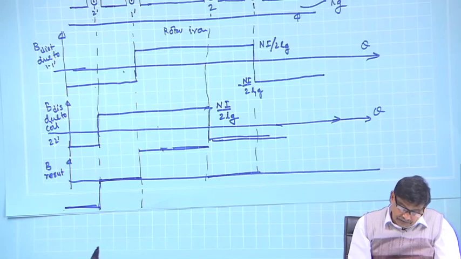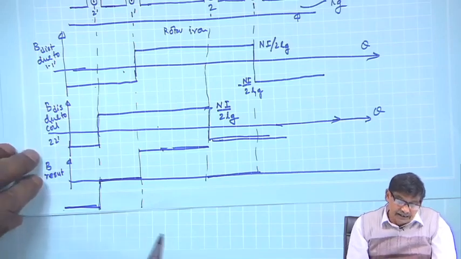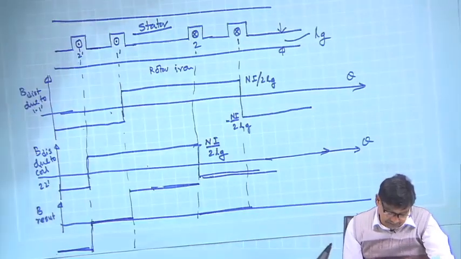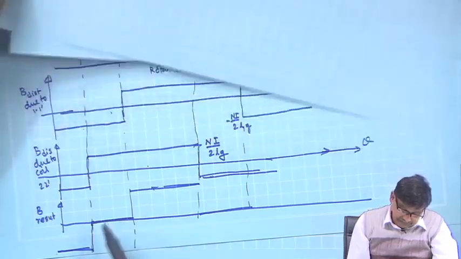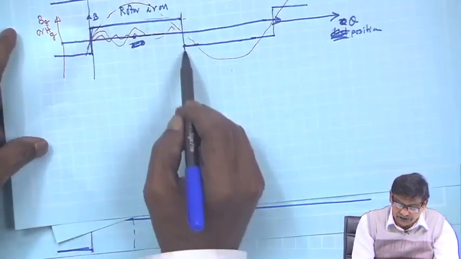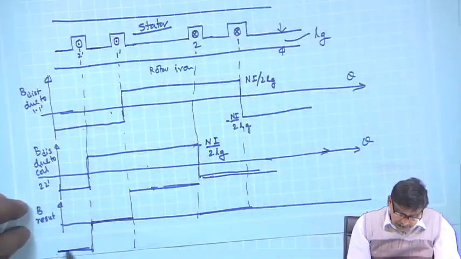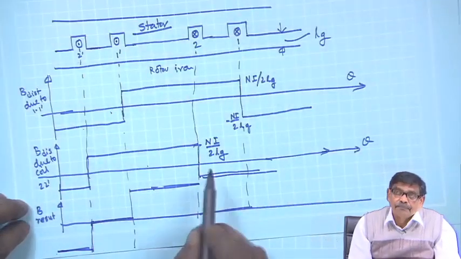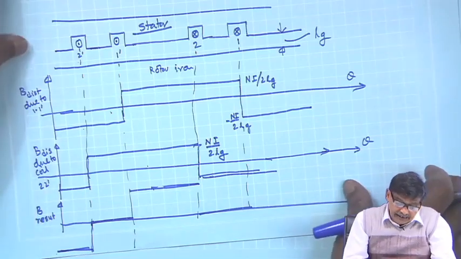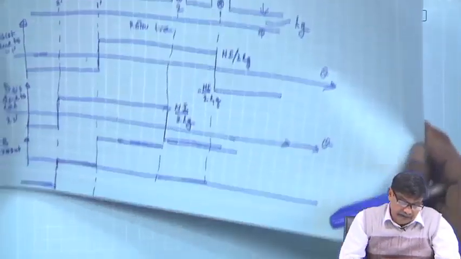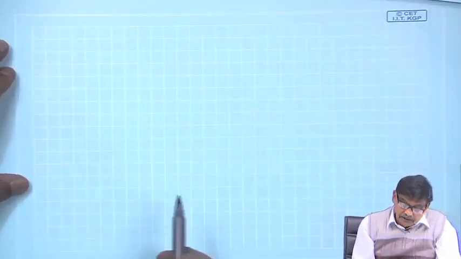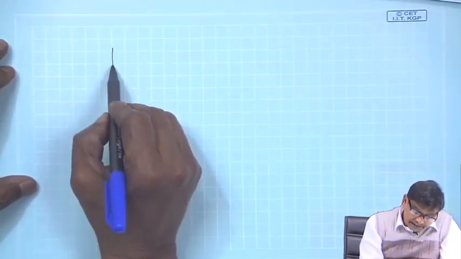Got the point? Therefore, you see earlier there was a distribution like this, which was sharp, a pure square wave. Now, we will have a stepped waveform. In fact, the MMF distribution or B distribution can be made like this.